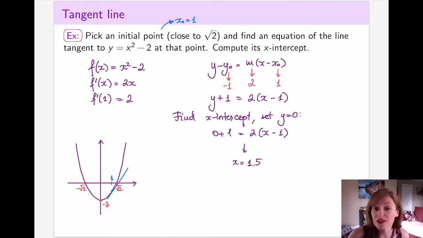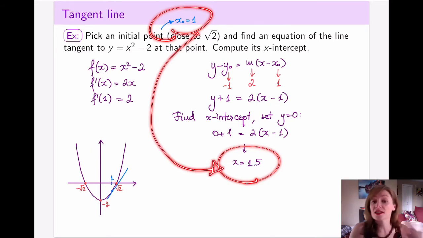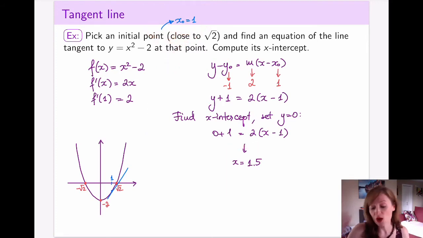Well, this method's main strength is the fact that we can repeat this process again with this as our new value. Okay, so my initial guess was x equals 1, and my approximation produced the next best approximation, which is 1.5. I can now go through the exact same process, but instead of 1 as the initial value, use 1.5.